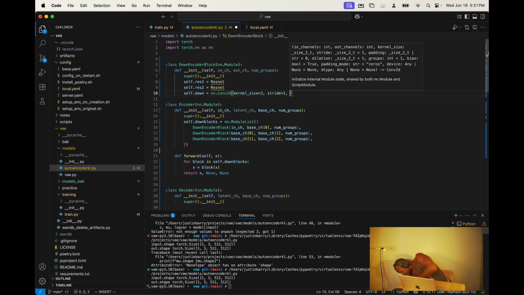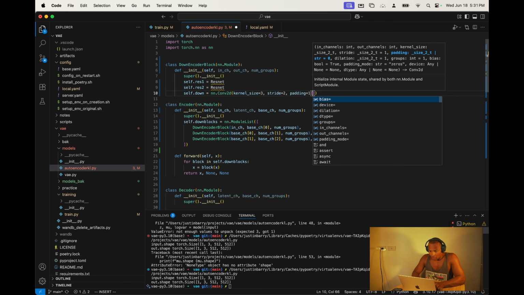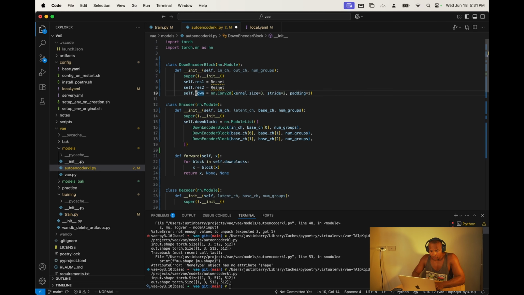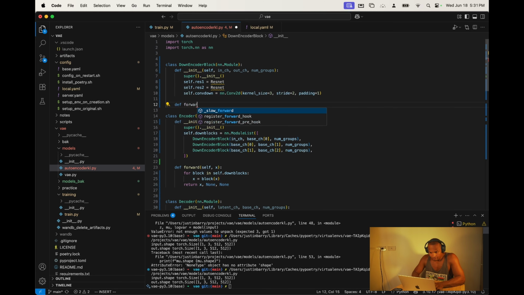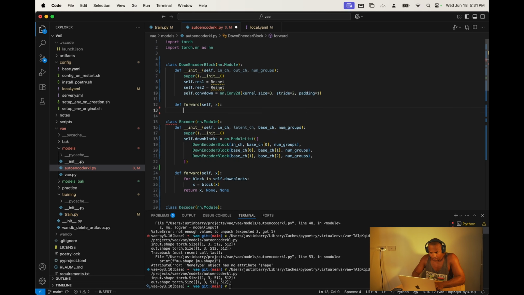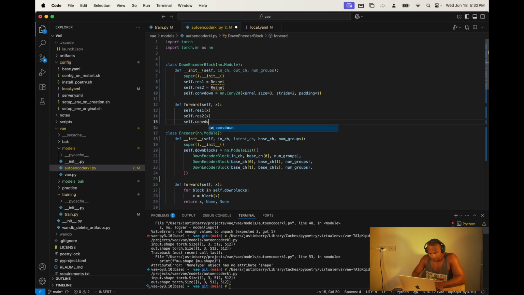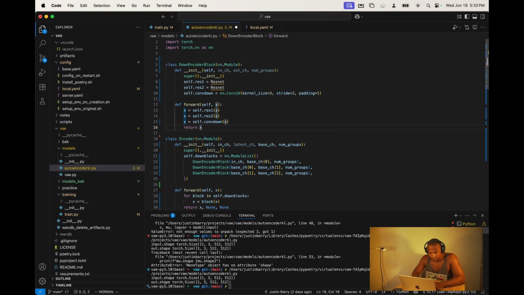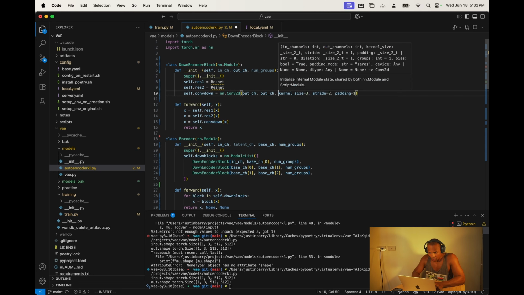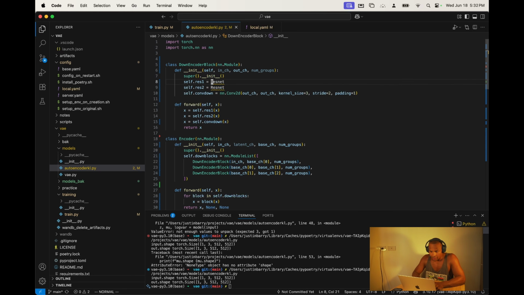Let's make the padding 1 because the kernel size is 3, so we want the same padding. So we need to make a ResNet block.